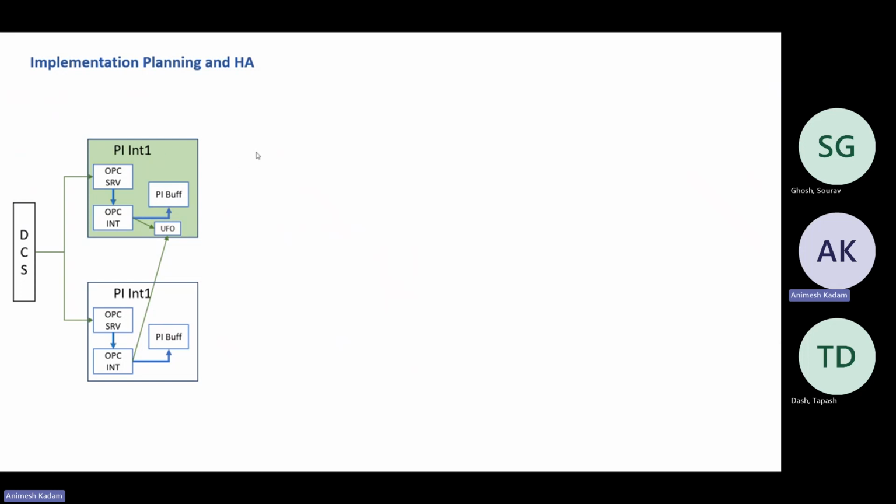So right now we are planning the architecture, the implementation planning and HA. Actually we really don't configure the interface first. We actually configure the server first. And then we configure the interface.